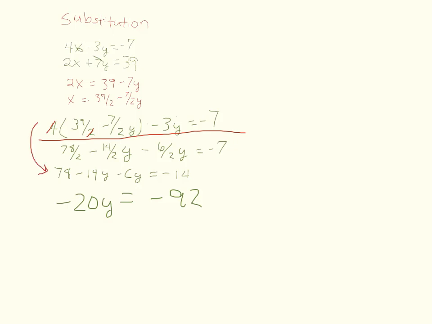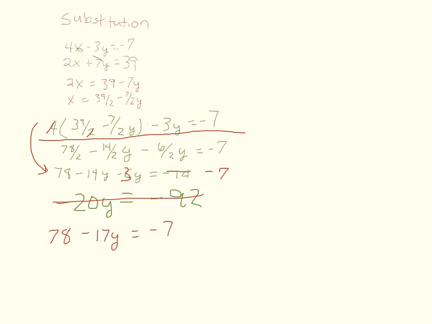And when you subtract the 4 from the 2, that's this line, 14. And then this is 14 minus 3y, okay? And this remains negative 7.